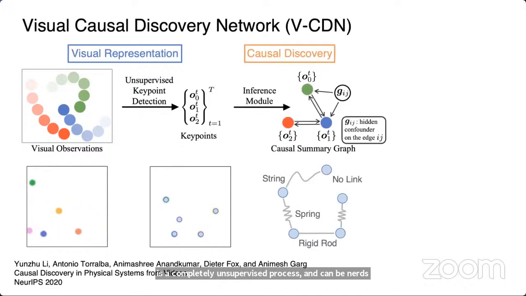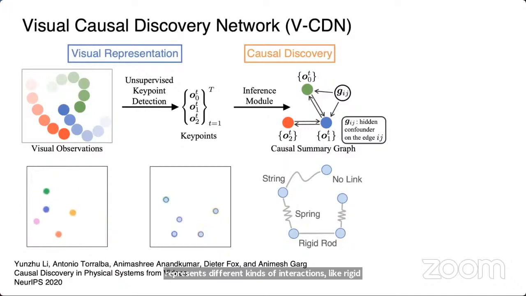The second component is a causal discovery module that infers the existence of the edges and the exogenous variables that govern the interactions between each pair of key points using graph neural networks. In the ball environments, the causal summary graph can represent different kinds of interactions, like rigids, springs, or no spring. It also includes continuous confounding variables like stiffness or the rod length.